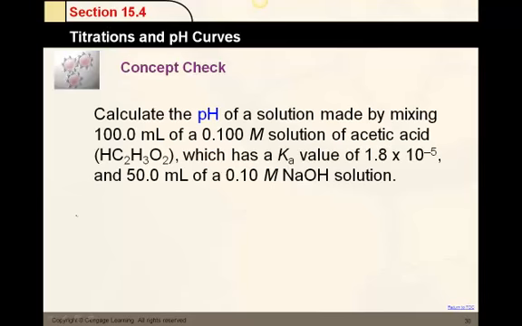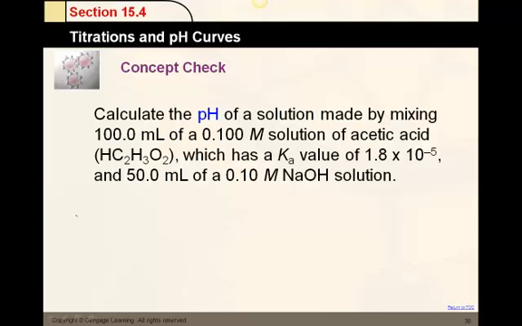Now we're going to calculate the pH of a solution made by mixing 100 milliliters of the 0.1 molar solution of acetic acid, so the one we just talked about, and 50 milliliters of 0.1 molar sodium hydroxide. Now when we add a base to this weak acid, the pH is going to change. The question is, what is the pH going to become?